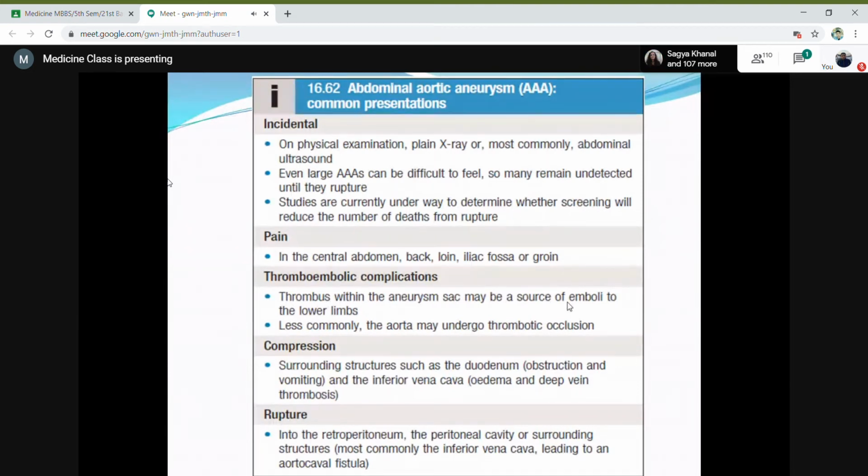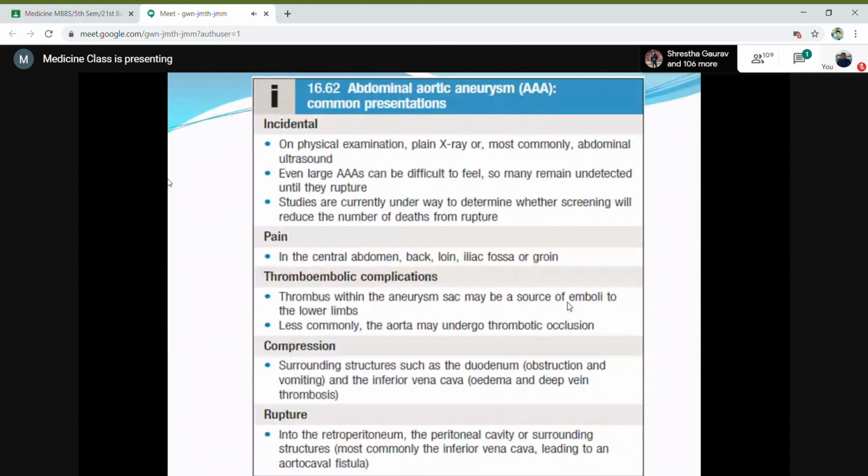If there is compression over the inferior vena cava, the patient may also present with edema and deep vein thrombosis. And sometimes there can be presentation with rupture, into the retroperitoneum, the peritoneal cavity, or surrounding structures. Most commonly, rupture into the inferior vena cava leads to an aortocaval fistula.